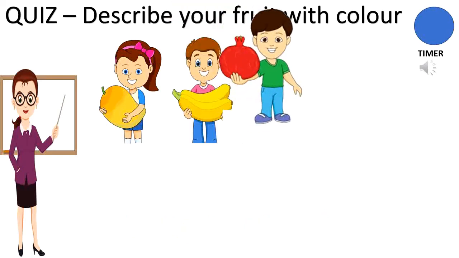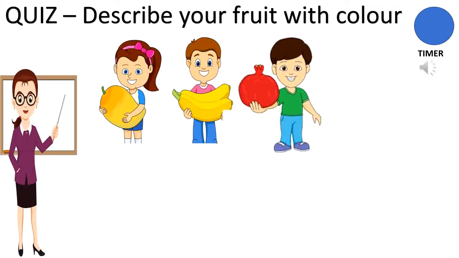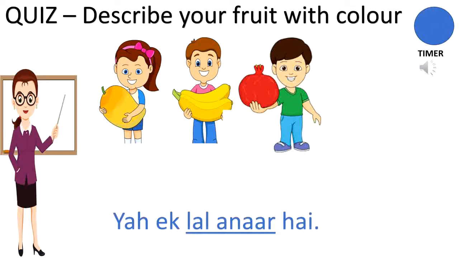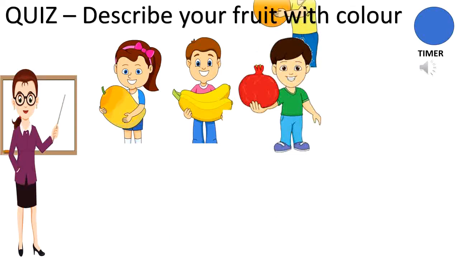Next child. Time starts now. यह एक लाल अनार है. Did you get it right? Next one.